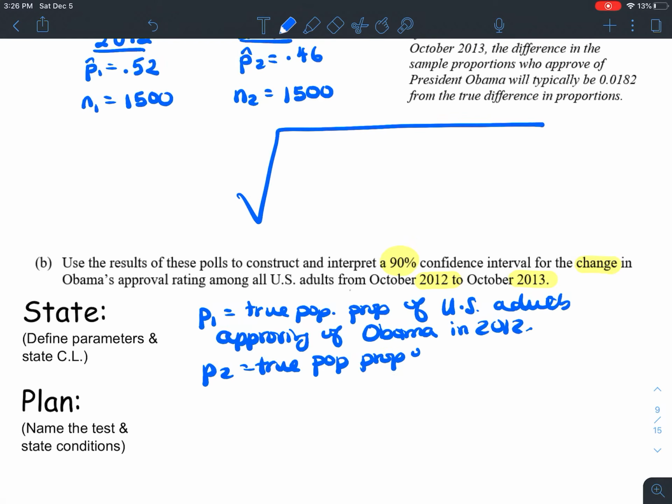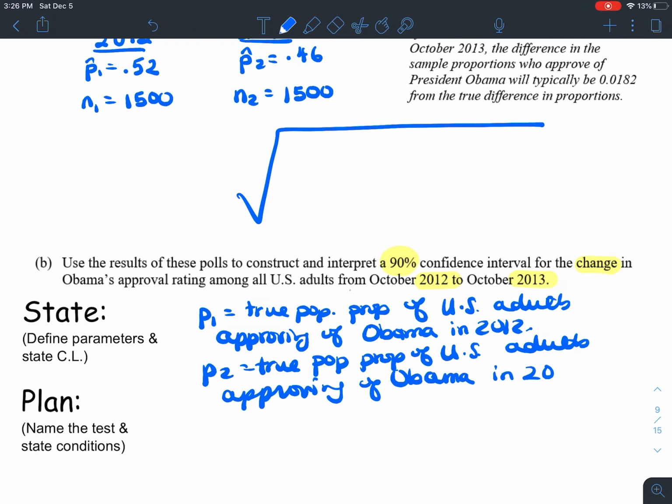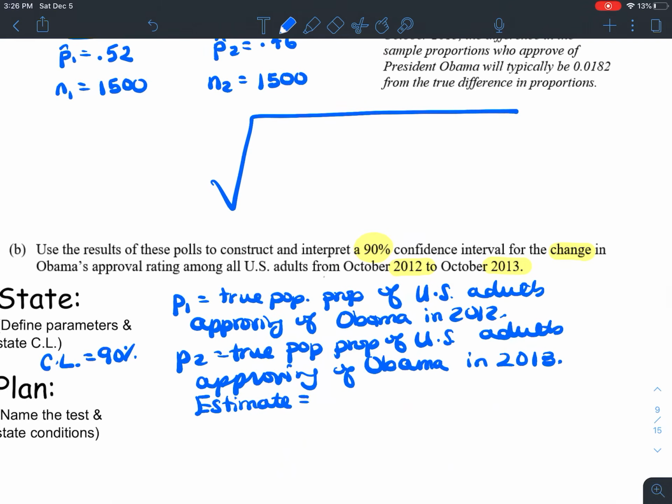Very similar here, P2 is the true population proportion of U.S. adults approving of Obama in 2013. We want to state our confidence level is 90%, and we are trying to estimate the difference here. I believe that difference, they wanted us up here in the problem to do 2013 minus 2012. So that would be like P2 minus P1.